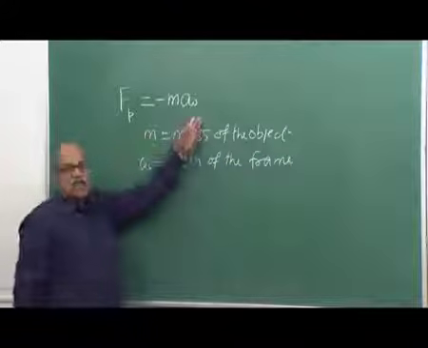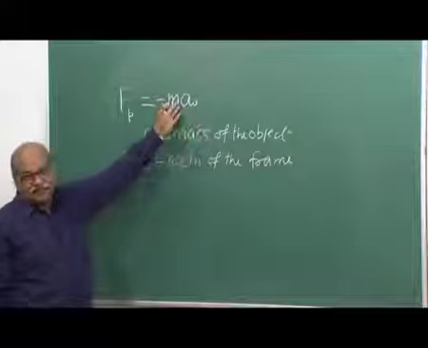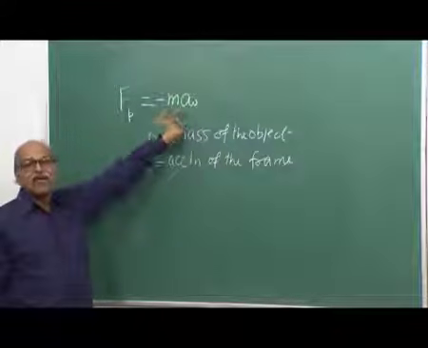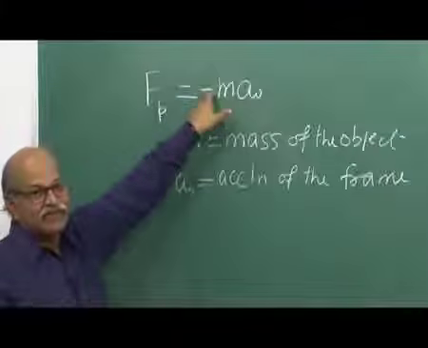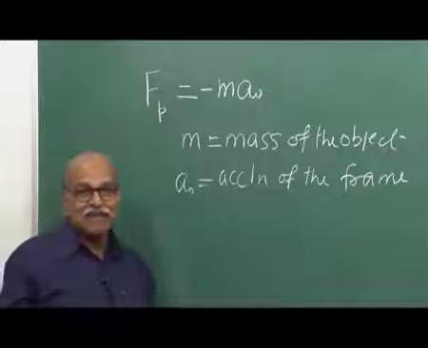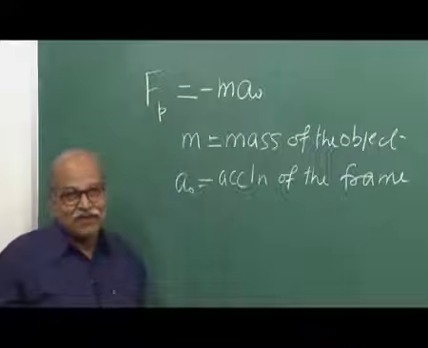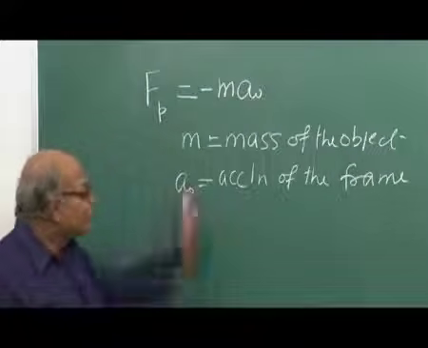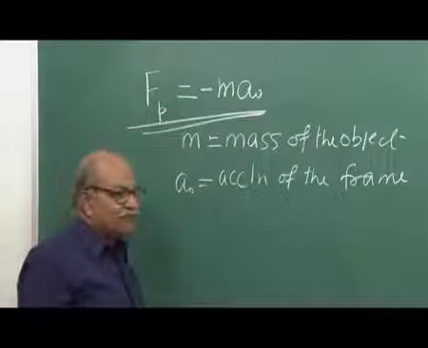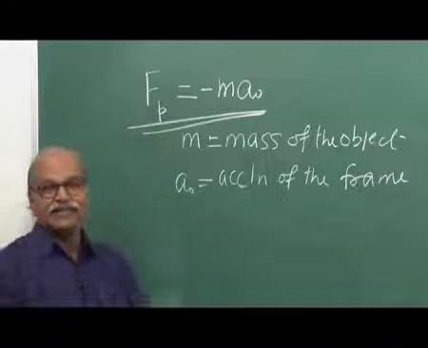It is some kind of an artificial construction. You are taking mass of something else and acceleration of something else and then multiplying and putting a minus sign. But in any case, if you want to use a non-inertial frame and use Newton's law, you have to bring some artificial things. So this force, if you include it together with the real forces, you can still analyze the things.